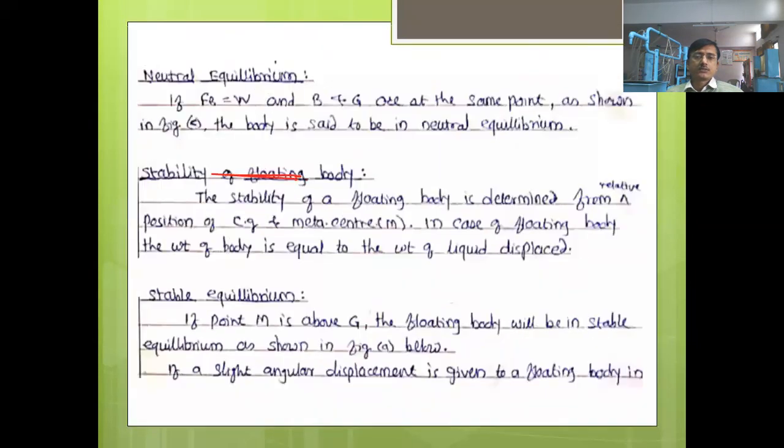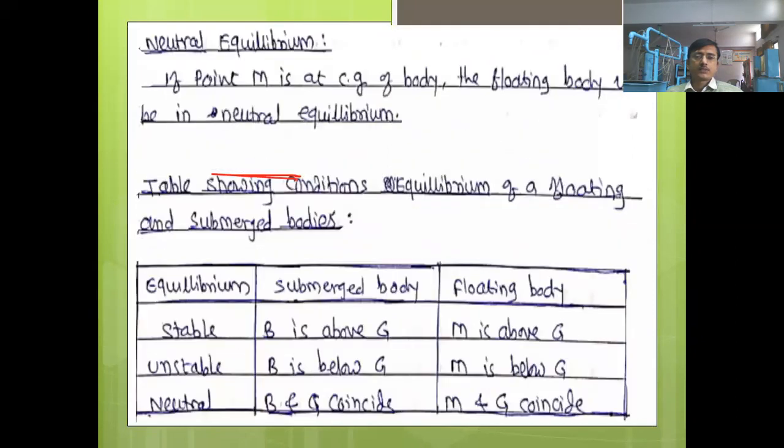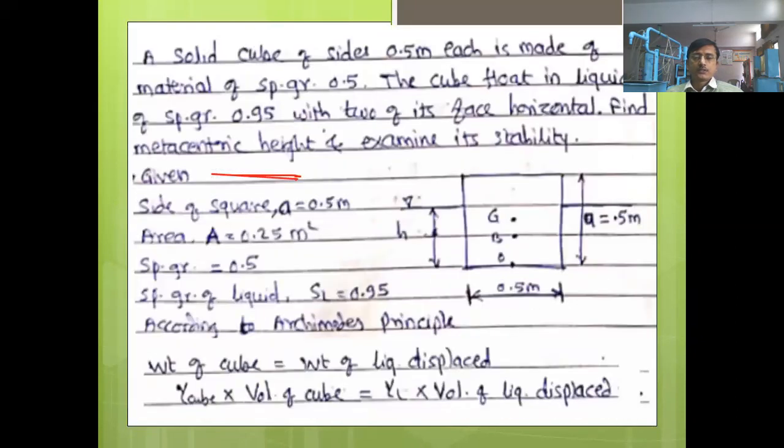But now there are some problems in which it is also asked to examine the stability of the body. At that time, by knowing the positions of the centers Z, B, and M, we can say whether the body is in stable equilibrium or unstable equilibrium, right? So let us solve the problem here.